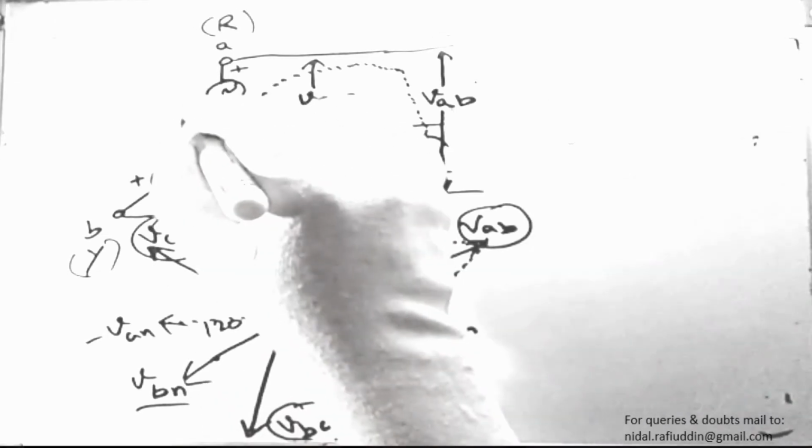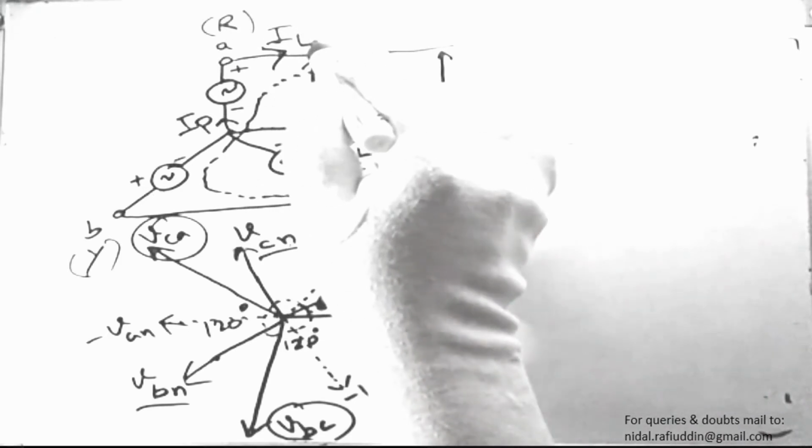Let us call these currents IP. So the current that flows from neutral to terminal A is IP, and the current that flows outward from terminal A is IL. P stands for phase, L stands for line.